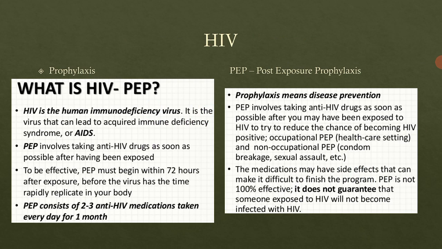That's why the PEP must be started as soon as possible, so that we can stop the replication of the virus in our body, because after that the virus will start replicating very rapidly. The PEP consists of 2 to 3 anti-HIV medications that need to be taken every day for 1 month.